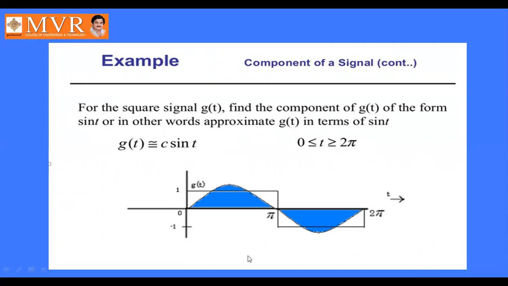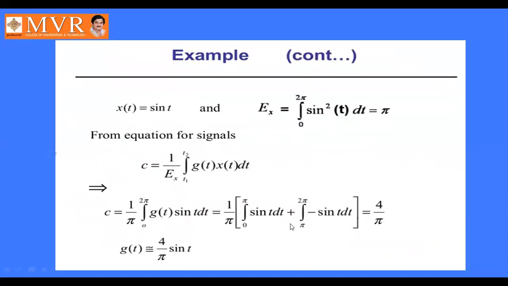So this is the given signal. x(t) is sin t, and the energy is the integral 0 to 2 pi sin square t dt.